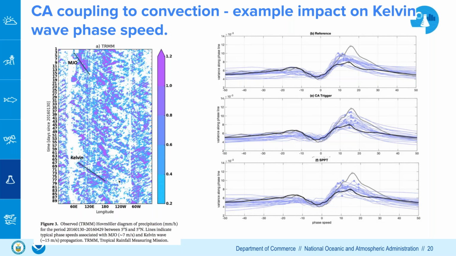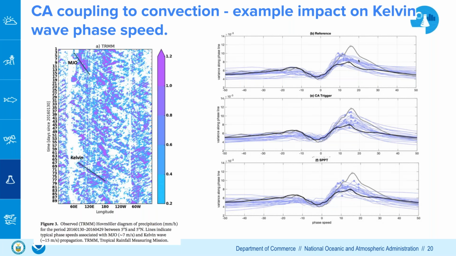And Juliana Dias helped me for this paper we wrote to plot this Radon transformation, plus you have the variance of the precipitation along different phase speeds. So you compute the variance along phase speeds, and that's what we did with the observations, this gray curve. And here's a reference of GFS version 15.